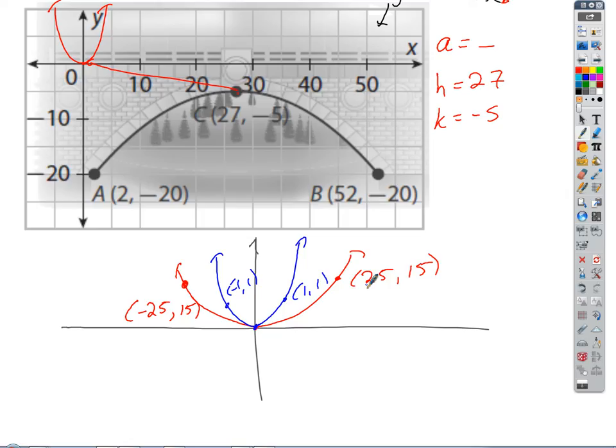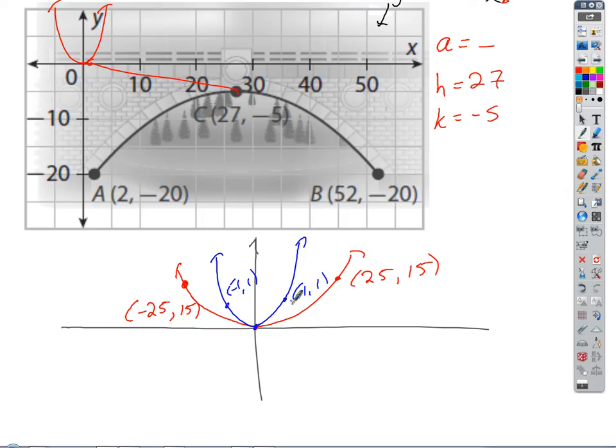So what's the amount of the vertical stretch? Vertically, this is not drawn to scale, obviously, we want to stretch these points from a y value of 1 up to a y value of what? 15, right? So what's my vertical stretch? 15, does that make sense?